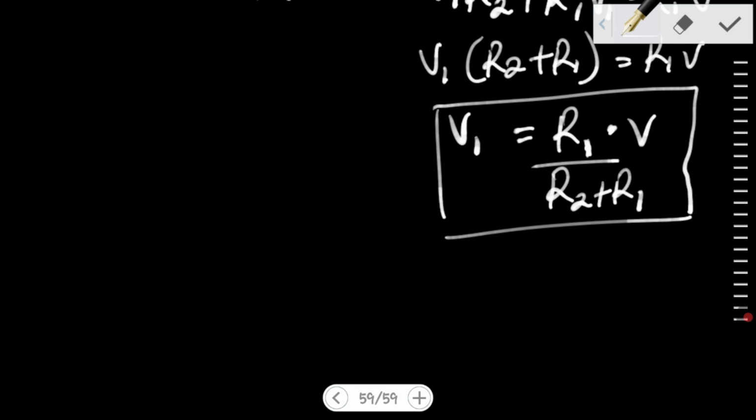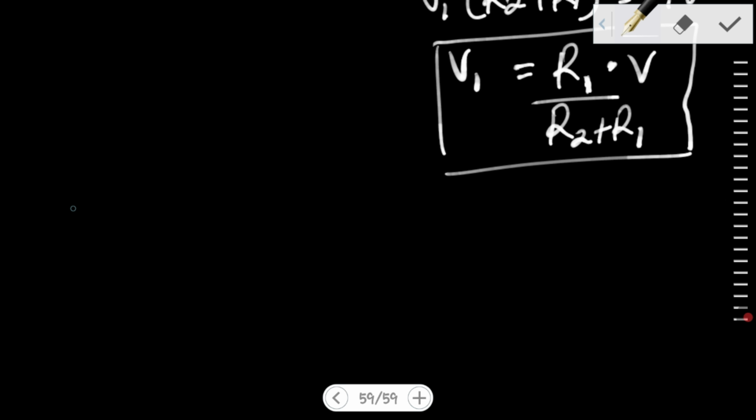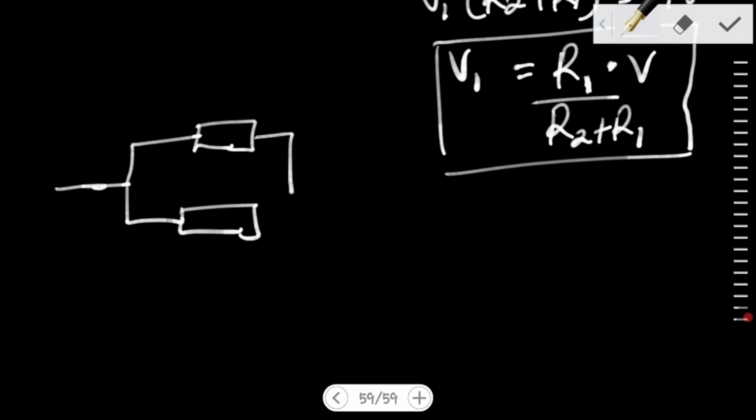Now let's see how this works in a parallel connection. I have the parallel connection that I previously drew here. This is the point where current flows in.